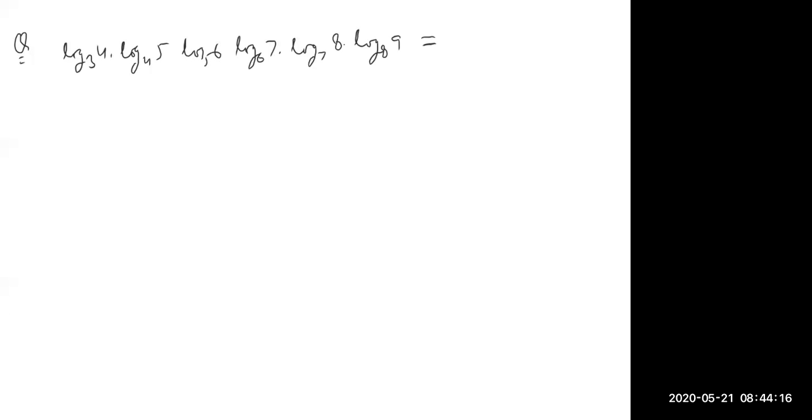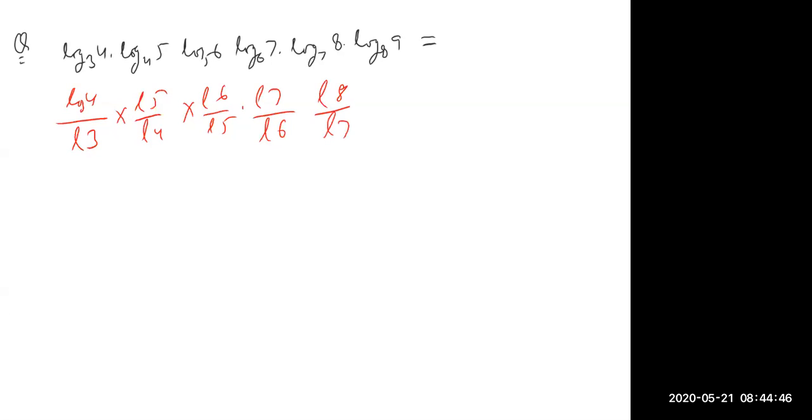This is equal to how much? So you can solve this. The first part will be log 4 upon log 3, into log 5 upon log 4, into log 6 upon log 5, into log 7 upon log 6, log 8 upon log 7, log 9 upon log 8. So you can see these will cancel out diagonally.